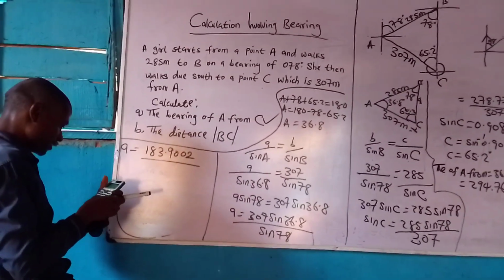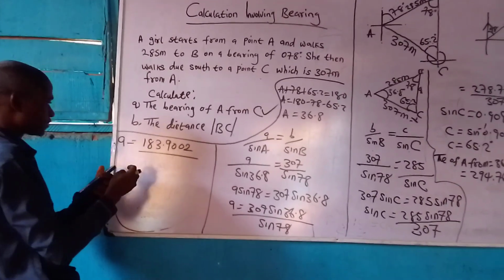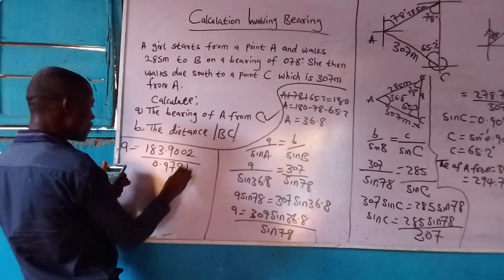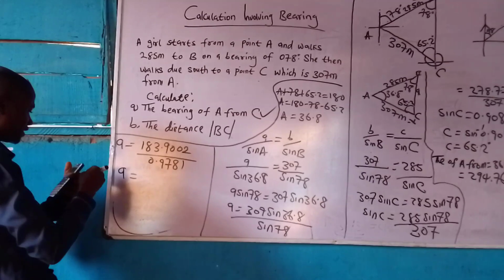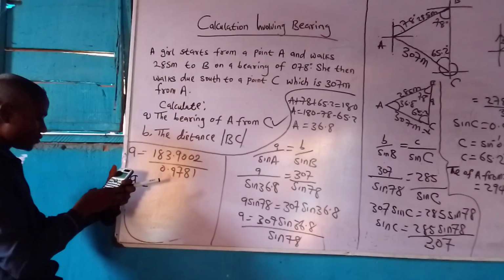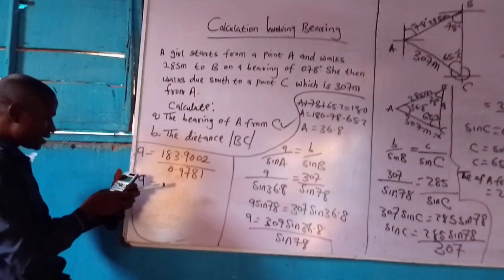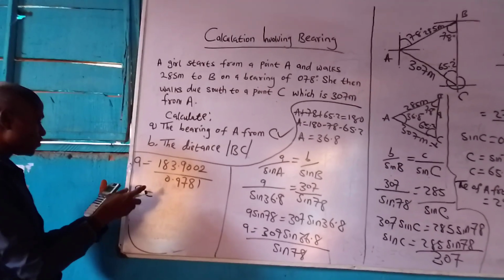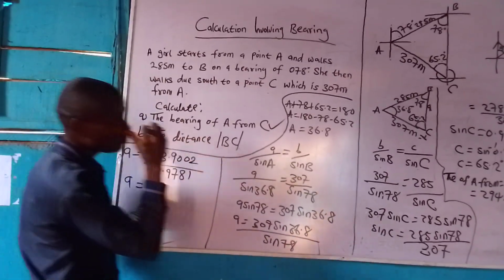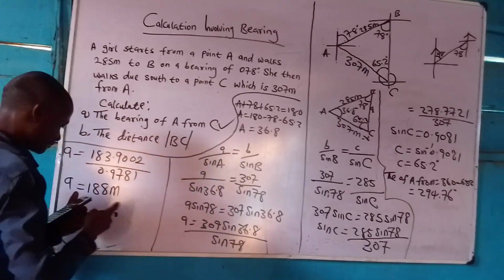You press sine 78 in your calculator. It will give us 0.9781. Our a will be equal to 183.9002 divided by 0.9781. It will give you 188. Is it meter? Okay, these ones are meter, so it should be in meter.